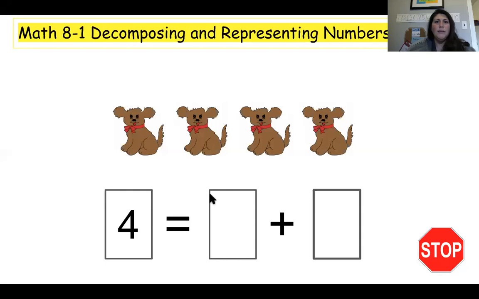All right, so let's look at this one. Here's another one. The story is that there are 4 dogs. Some are going to one house, some are going to another house. Show the answer to this problem using the equation below. You can pause the video now and try to break 4 apart.